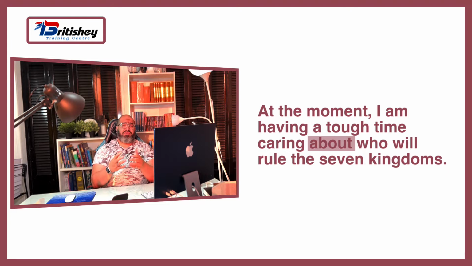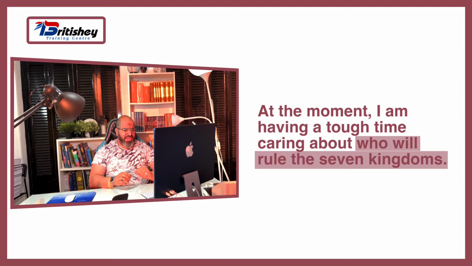And we know that after a preposition, we usually have an object of a preposition. Now, what is the object of the preposition in this sentence? Let's look at it. It's who will rule the 7 kingdoms. Now, who is a connector, but not only a connector. It's a connector and subject at the same time. That's why it is followed directly by will rule, by a verb.